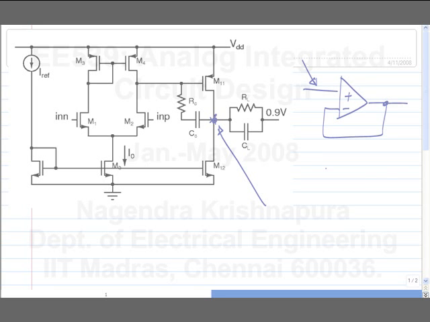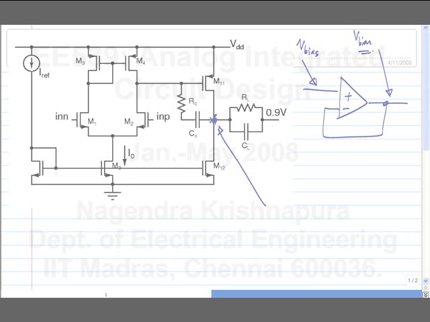Because the quiescent output of an op-amp is fixed only in closed loop, and it depends on how you have the feedback network. In this case, if this is some V bias, the output quiescent voltage will be V bias. So maybe it is 0.9, maybe it is something else. So let's say it is 0.9.